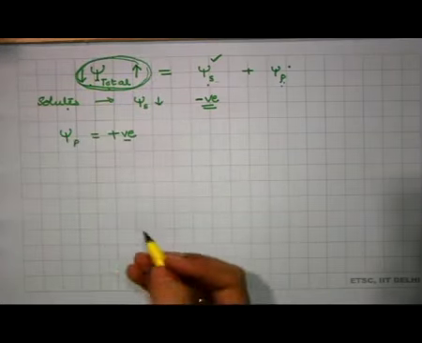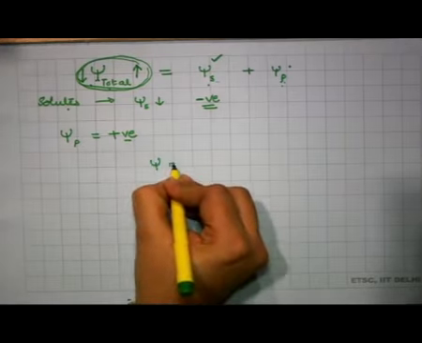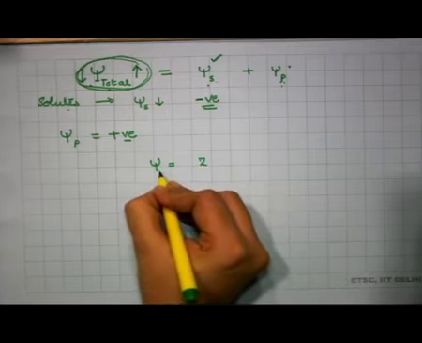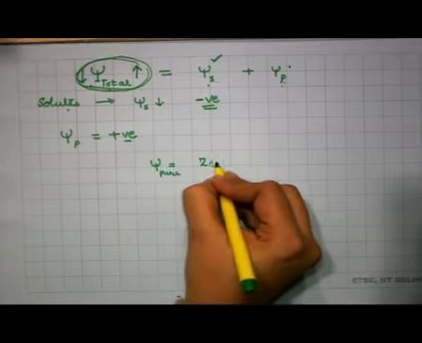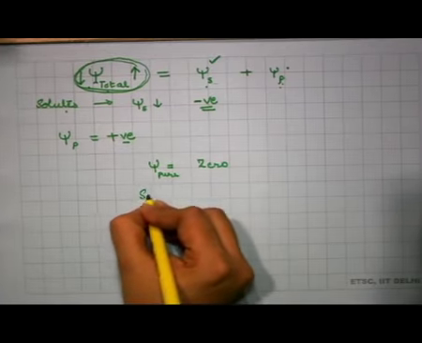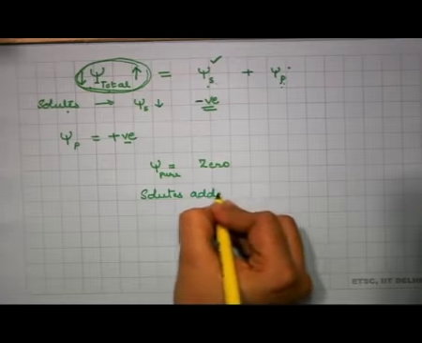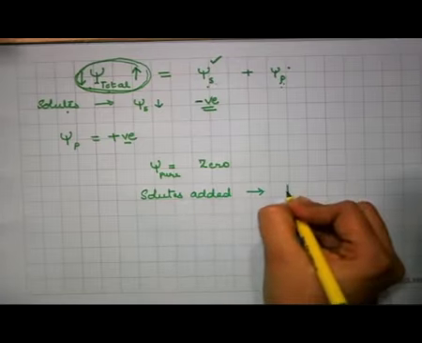Further, I will say once again that the water potential of pure water is 0. That means when solute is added to it, it will further lower down.